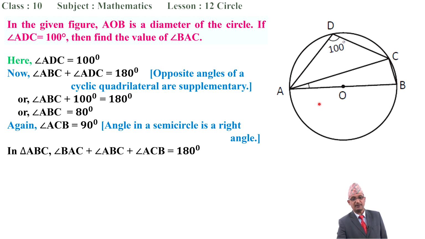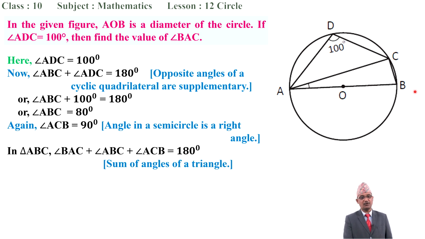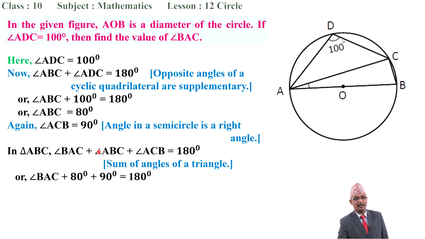So in triangle ABC, angle BAC that we have to calculate, plus angle ABC, this angle, plus angle ACB equals 180 degree. What is its reason? Yes, you are correct. Sum of angles of a triangle. Now put the value of angle ABC and angle ACB. Keeping BAC the same, instead of angle ABC we write 80 degree, instead of angle ACB we write 90 degree. 80 plus 90 becomes 170.